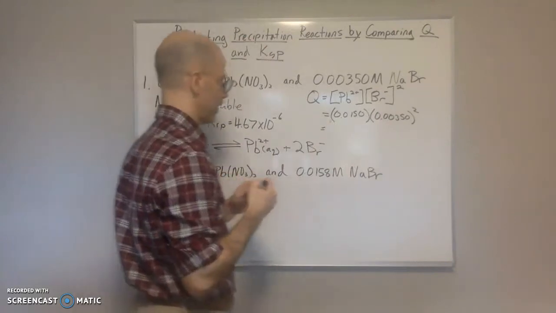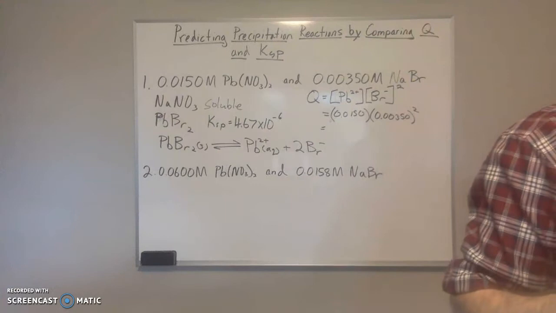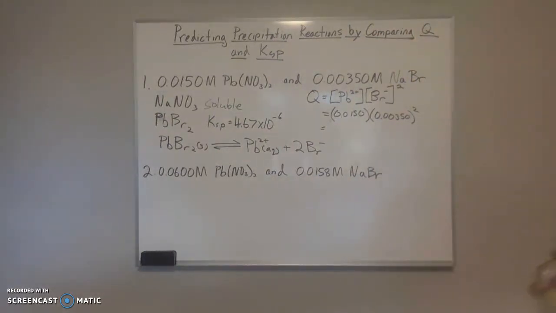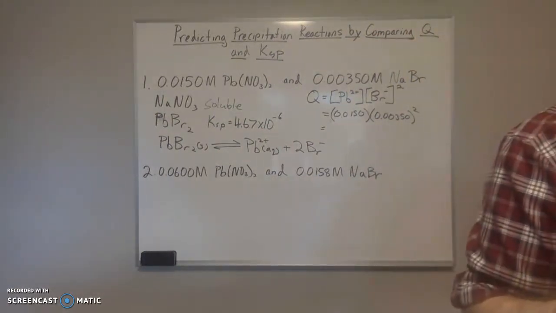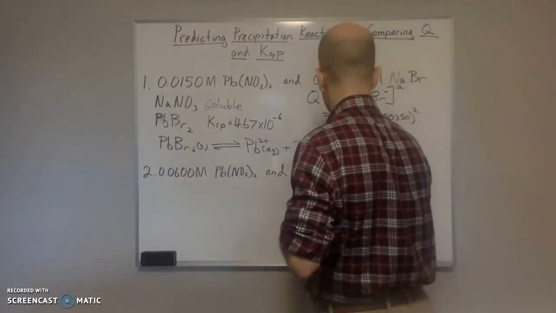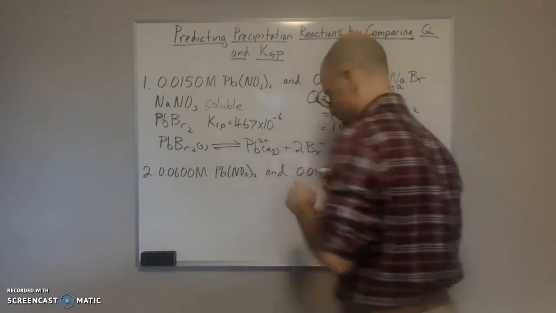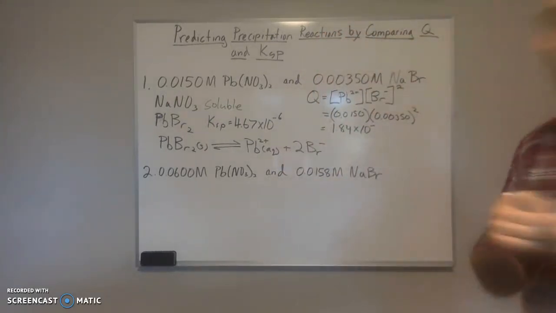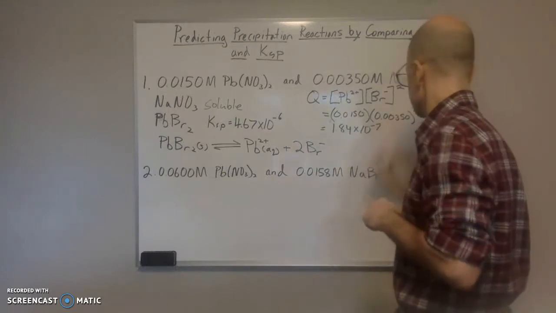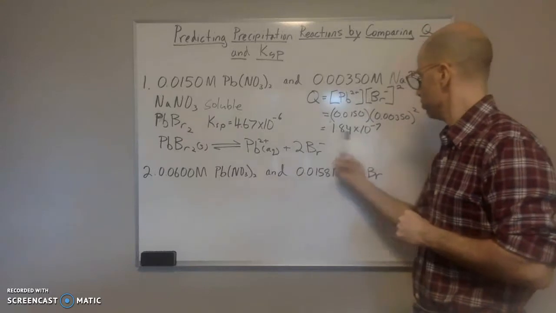Then we calculate that, and we get 1.84 times 10 to the negative 7. So here we have Q.